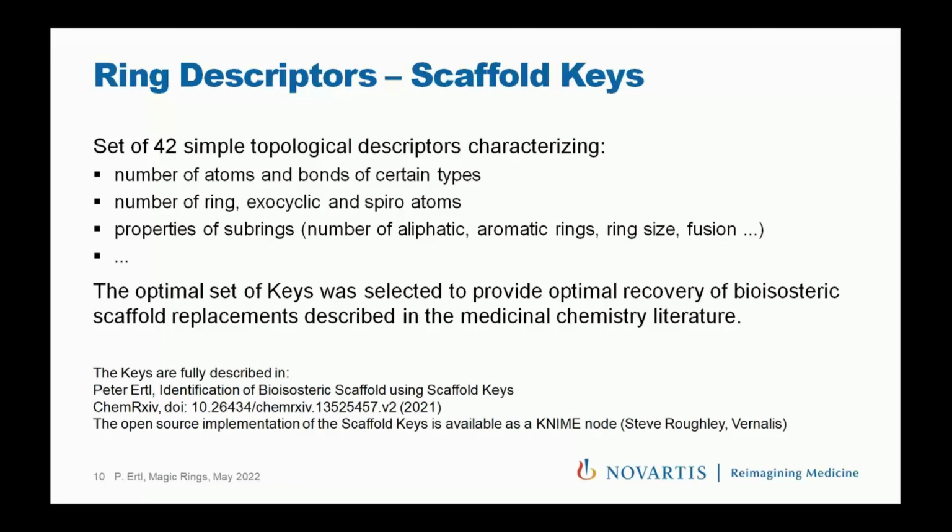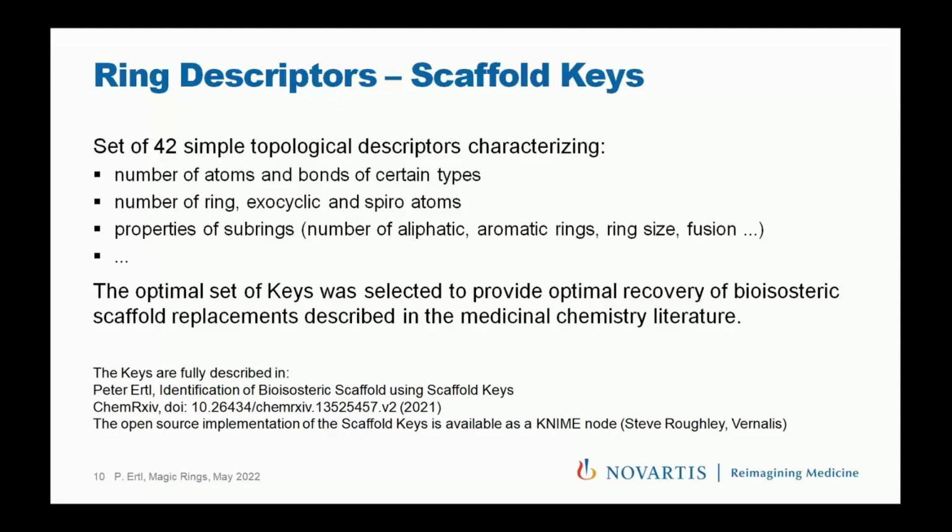It also has a graphical part, so you can visualize on the molecules where these different scaffold keys are located. You can find a link in yesterday's LinkedIn post. So once again, thank you, Steve.